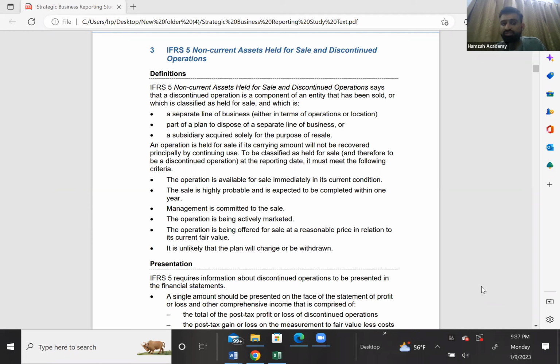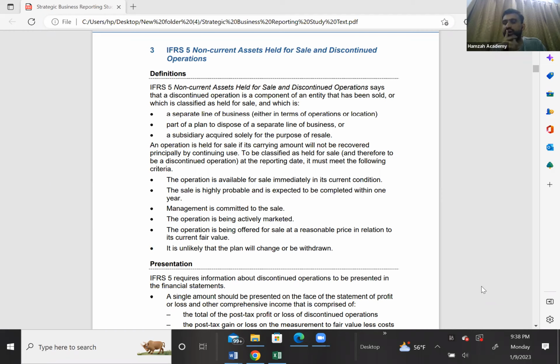But to classify an asset or an operation as held for sale, there are some conditions which must be fulfilled. Number one, the asset or the operation should be available for sale immediately. Available for sale immediately means that there is no condition attached.